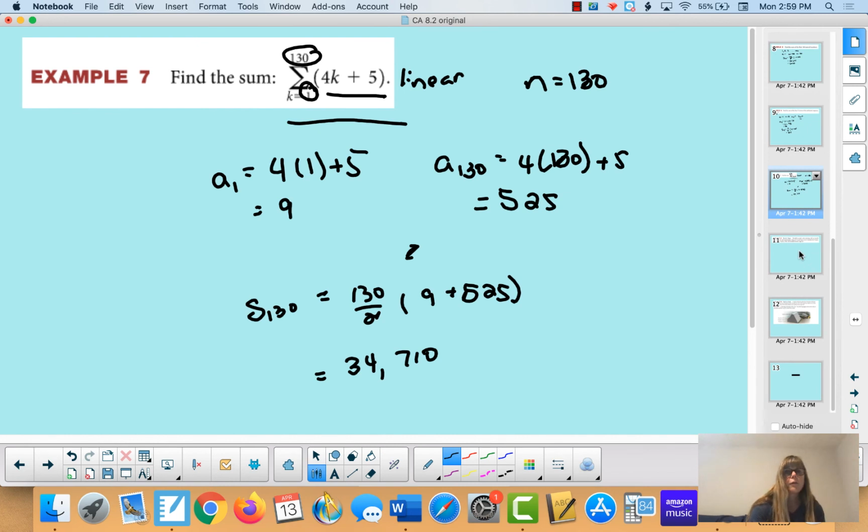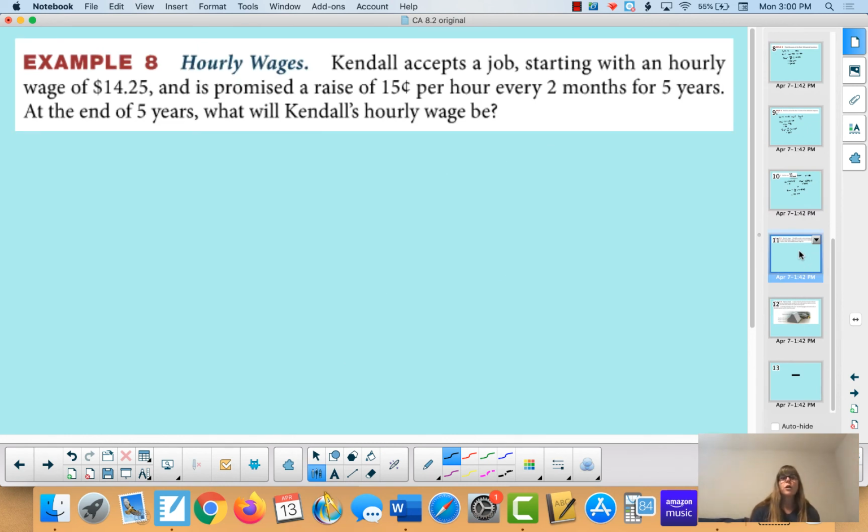All right, now we're going to look at a couple of word problems and how to figure out what they're asking us to do here. So in this word problem here, we can see that we have a starting number here. This 14.25 is our a sub 1. We know that this is an arithmetic sequence because it's going up 15 cents every 2 months.